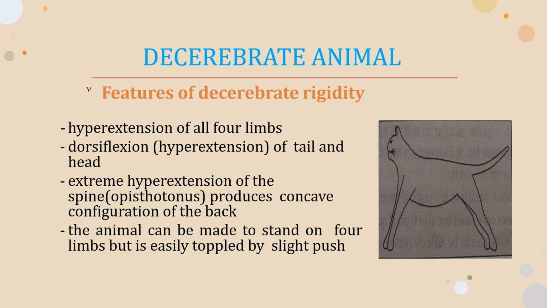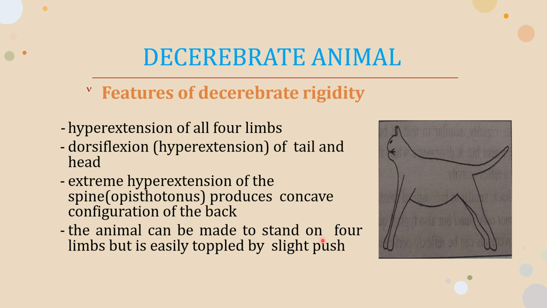There will be hyperextension of all four limbs and dorsiflexion or hyperextension of tail and head. You can see the head and tail are flexed upward, that is dorsiflexion, hyperextension. The shape will be concave. Extreme hyperextension of spine, that is opisthotonus, produces a concave configuration of the back.